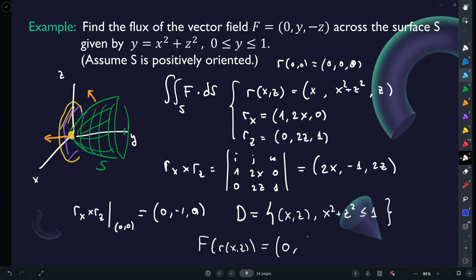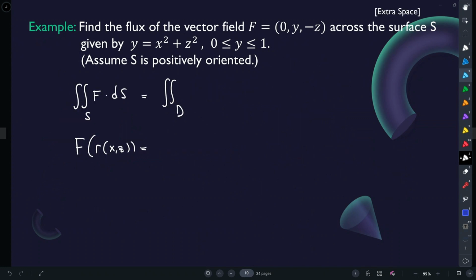The y coordinate is x squared plus z squared, and the z coordinate is minus z, so I get minus z. Okay? So I'm going to copy it here: 0, x squared plus z squared, minus z.